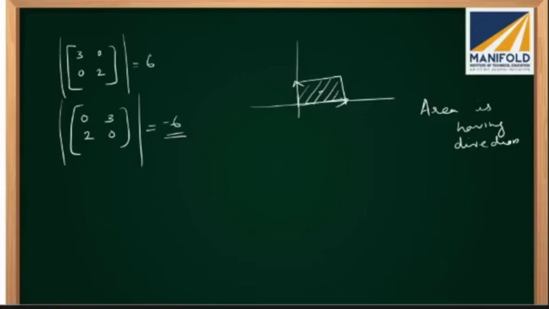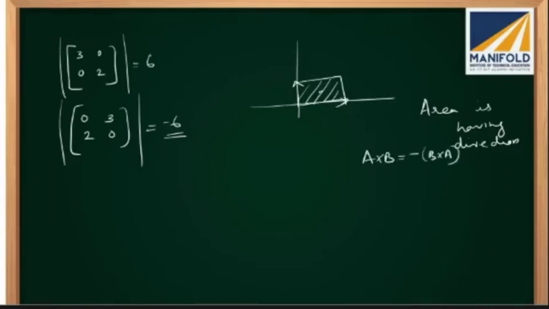Okay, am I audible? My mic is audible, right? Okay, so that particular area will be obtained when you interchange the row and column, because it is taking something similar to a cross product. You know, A cross B is not equal to B cross A. It is actually minus of B cross A. So in both cases, we are getting the area of different faces.